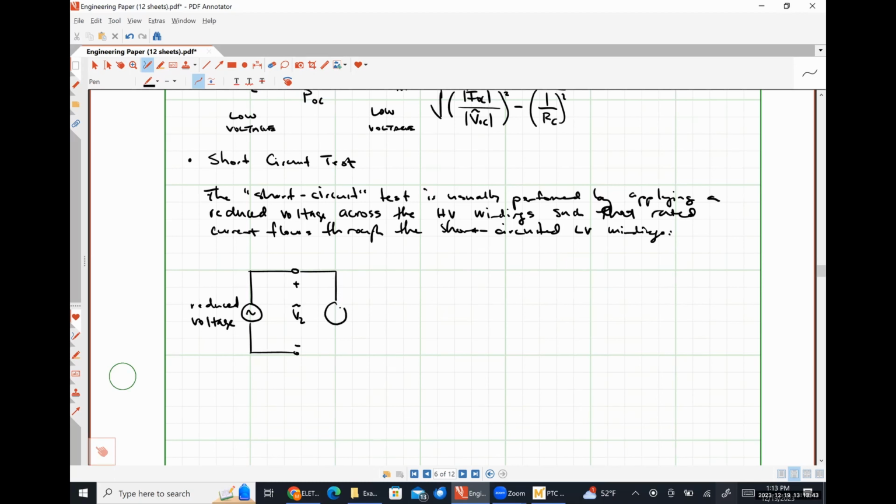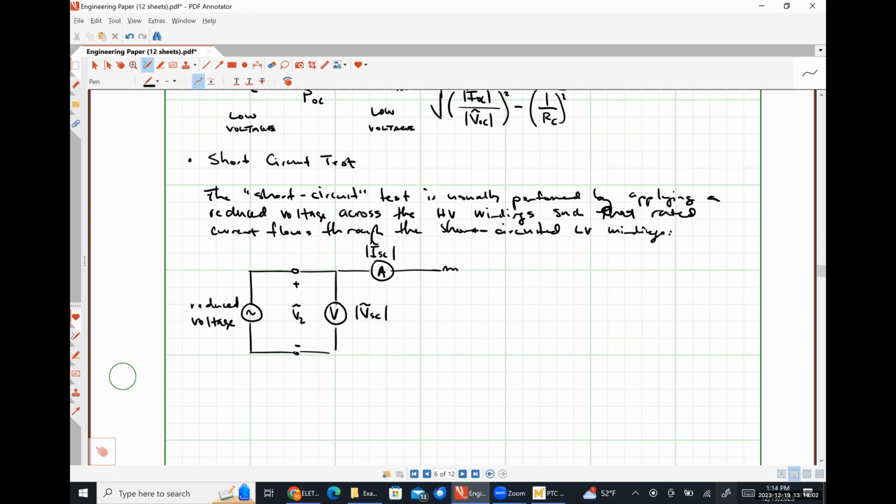We are going to use a voltmeter to measure what's called our short circuit voltage. We're going to have an ammeter to measure our short circuit current.